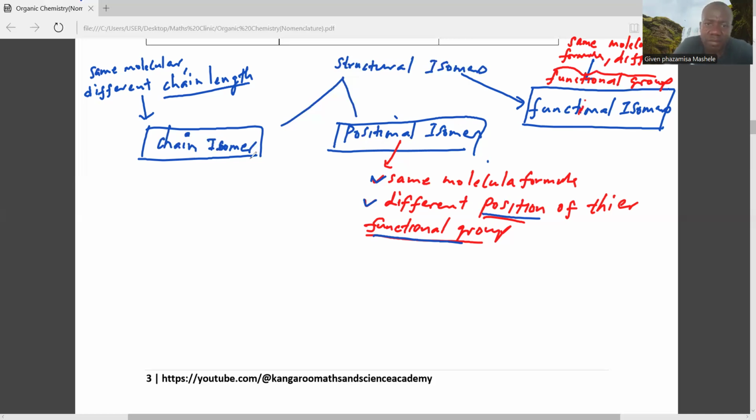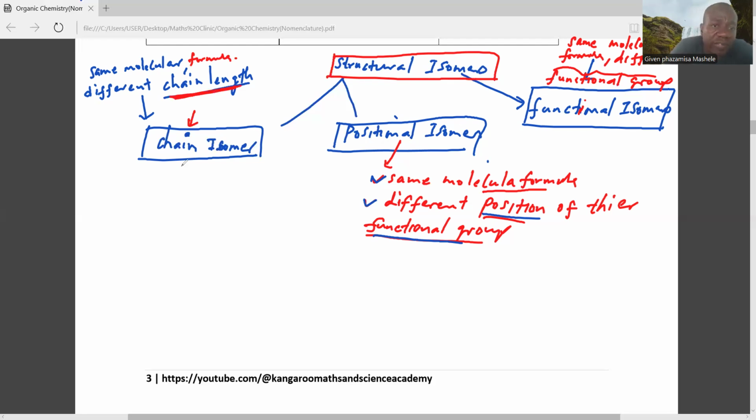Molecular formula is the same, but different functional group. Molecular formula is the same for positional, but different position of their functional group. Whereas for chain, molecular formula is the same, but different chain length.